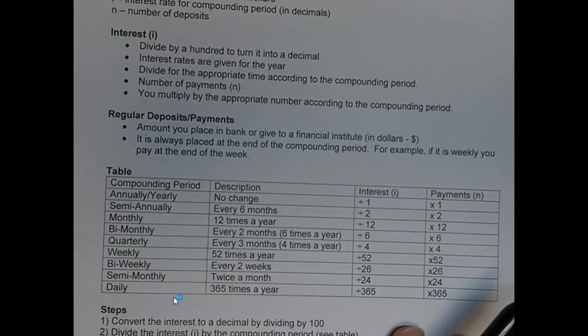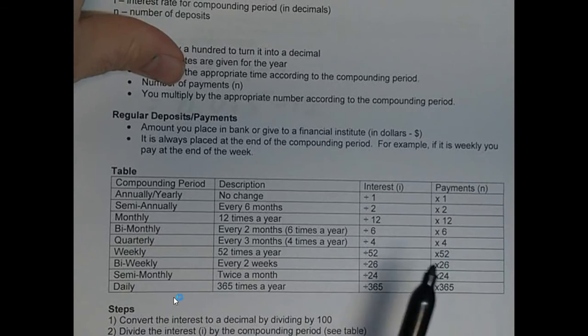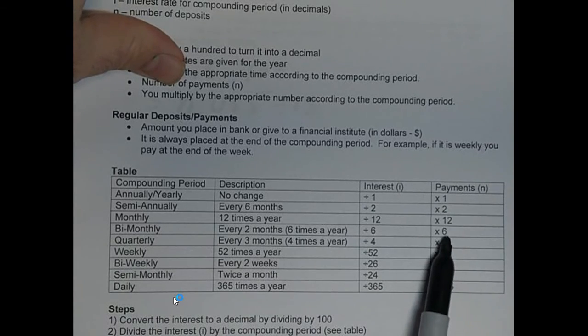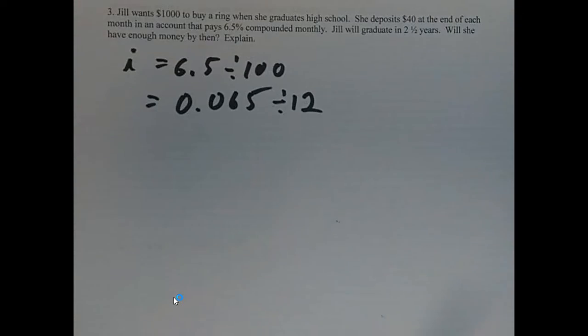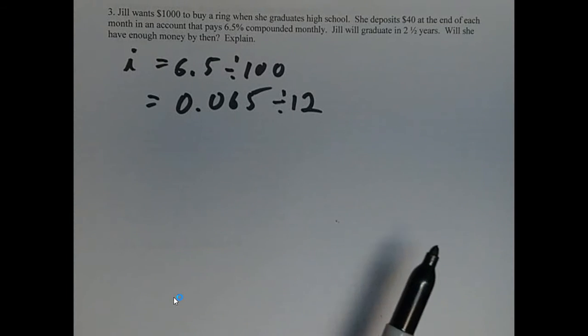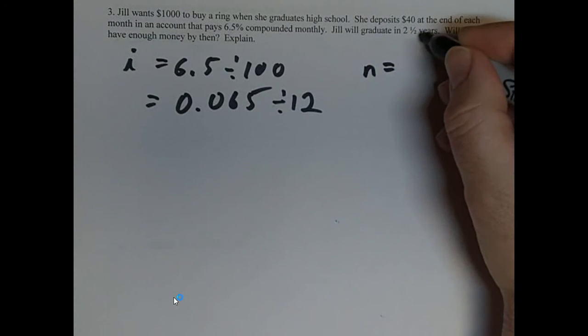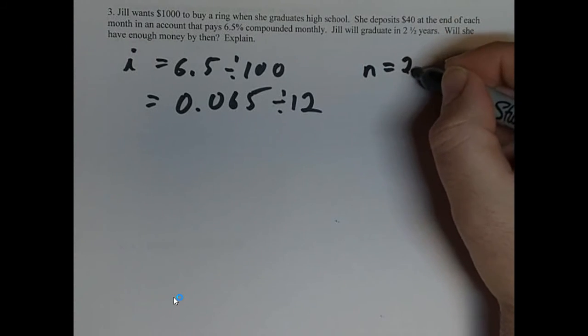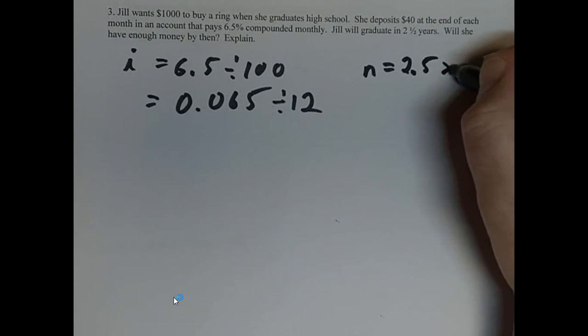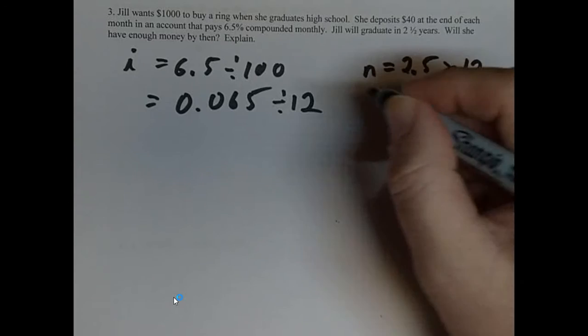That's where that comes from. And I'm going to times n by 12 and divide the interest by 12. So over here, n is 2.5 years, so 2.5. So hopefully you know that a half is 0.5. So 2.5 times 12. So that's our payments.